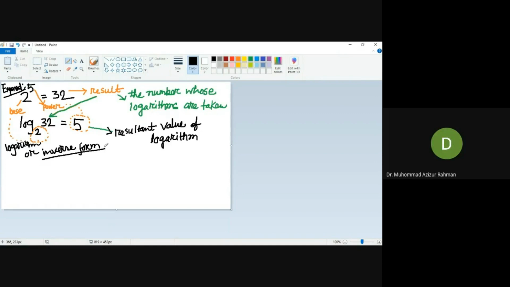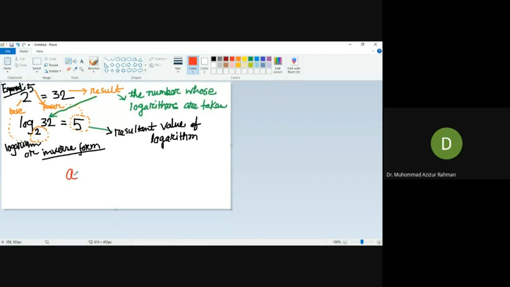So if we standardize or make it simpler, then we can say that if a to the power n equals x, that is the exponential form.